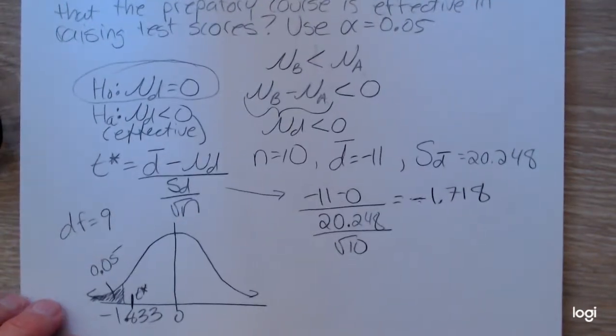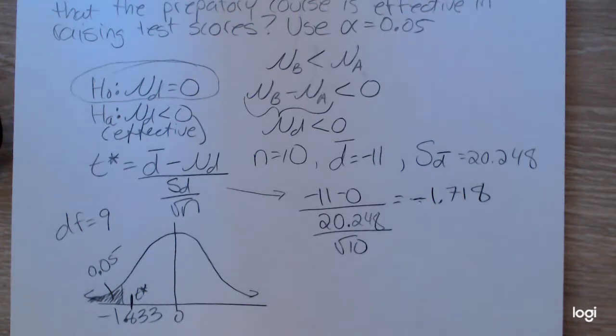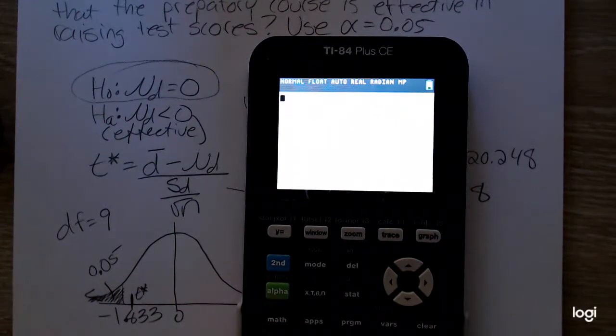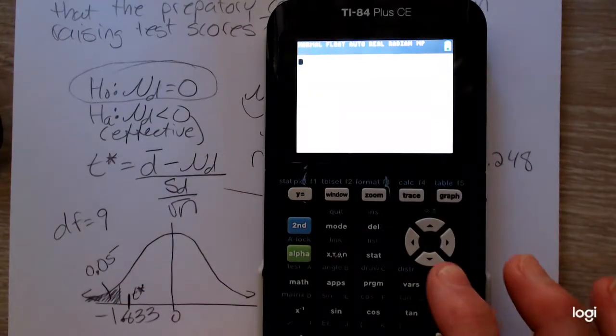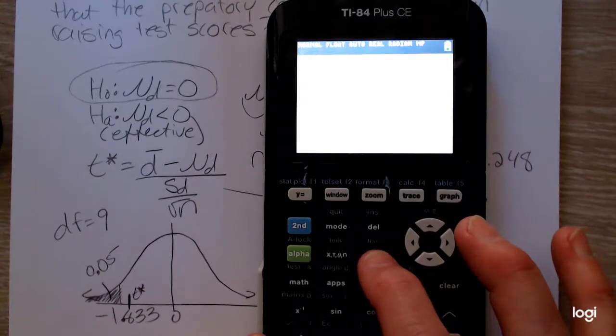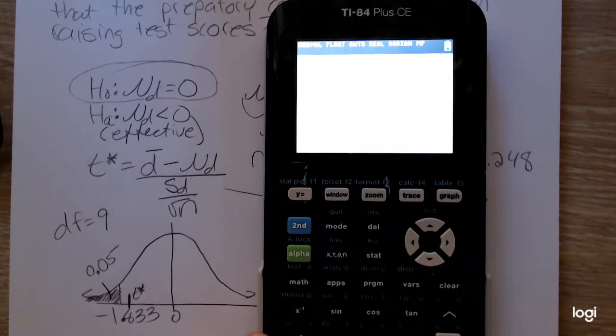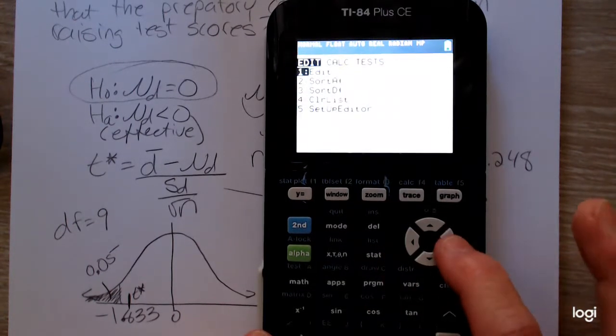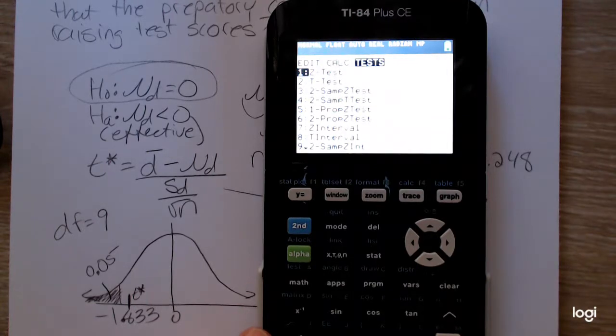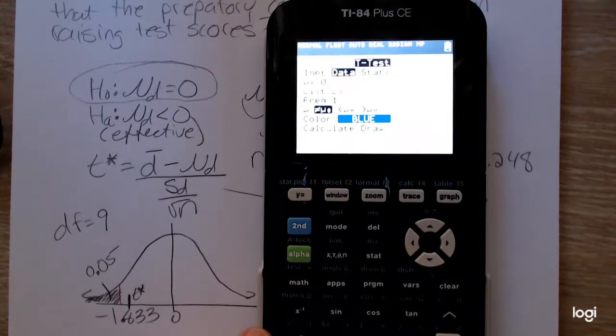To get the test statistic and p-value directly from the calculator, we can do a little bit of a workaround because the paired t-test is not an option under the stat and test menu. But since we created a third list of differences, we can run a single sample t-test on list 3. Going to the stat menu, over to tests, option 2 is the single sample t-test.